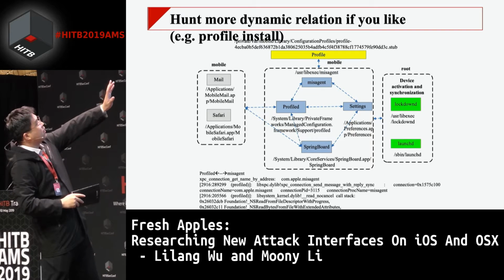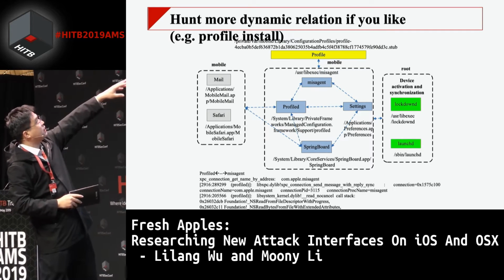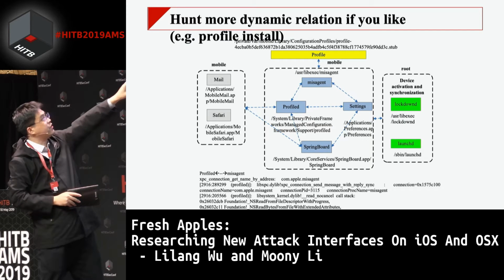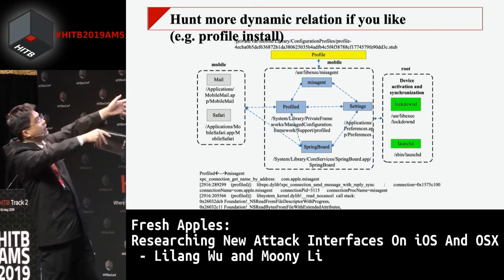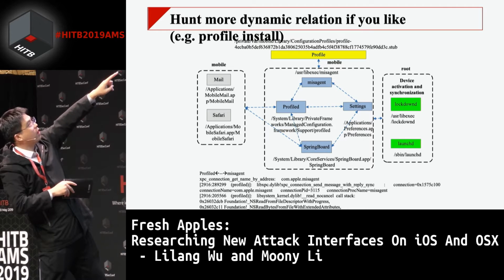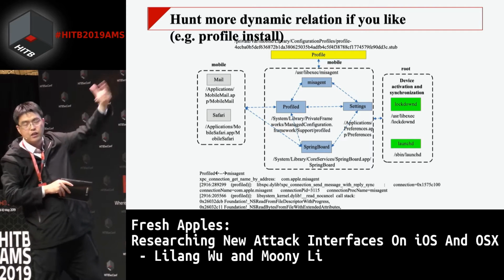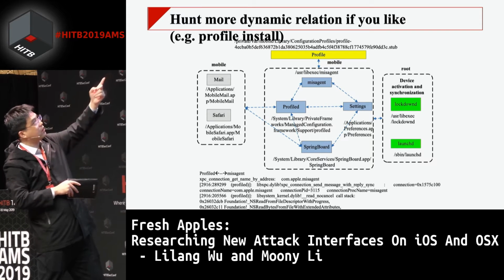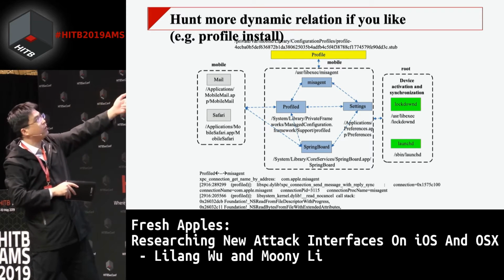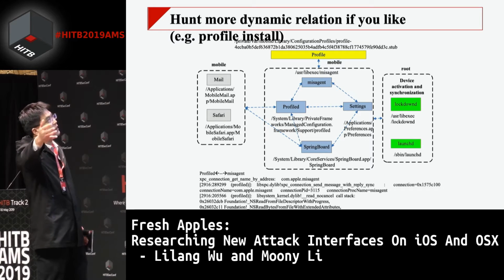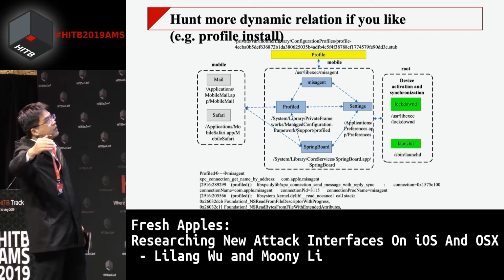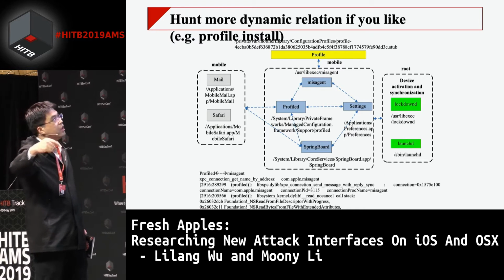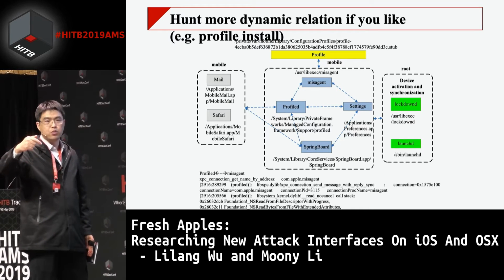The left part is mobile with the mobile privilege, which is lower privilege, and the middle part is also with the mobile privilege, but it can directly work with the process of the profile file, and the right part is all the daemons such as the lockdown daemon or launch daemon, which are in root privilege.